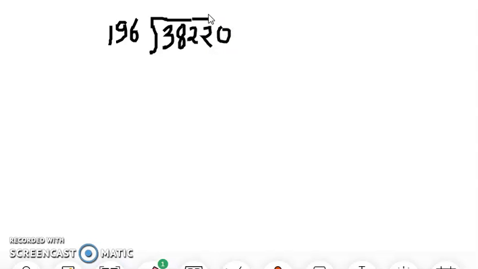So let's take 196 and 38,220, and we are going to divide this. We will take 196 ones, since if we take twos, it will be a greater value.